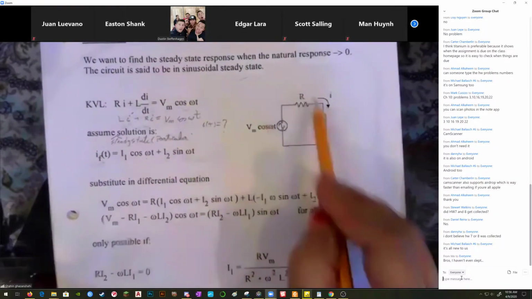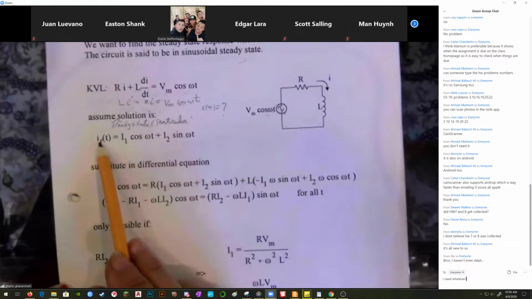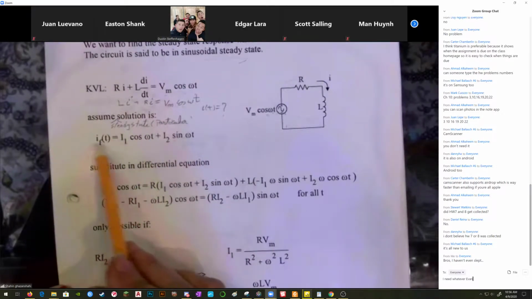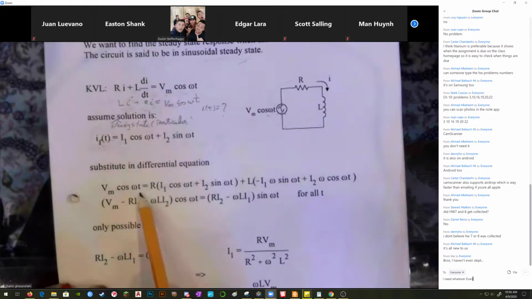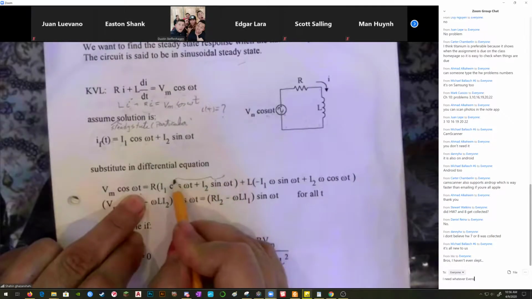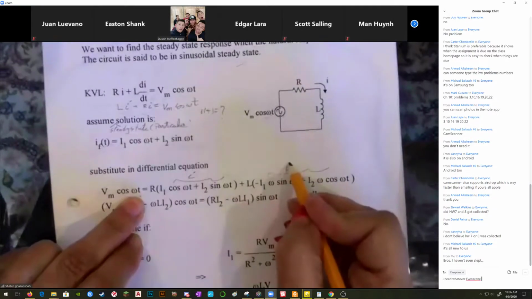So frequency doesn't change. Okay. So what I do, I substitute this solution in your differential equation. So we have Vm cosine omega t equals R times I plus L times I prime.